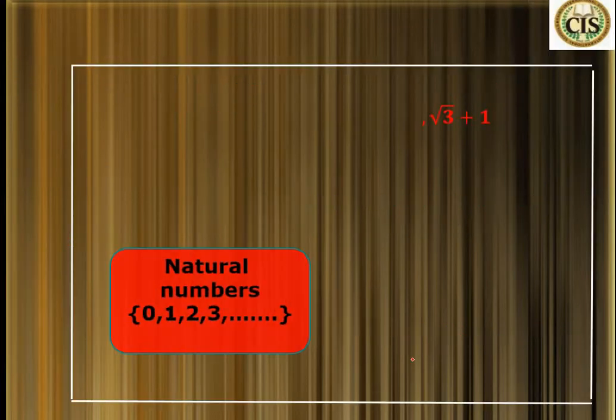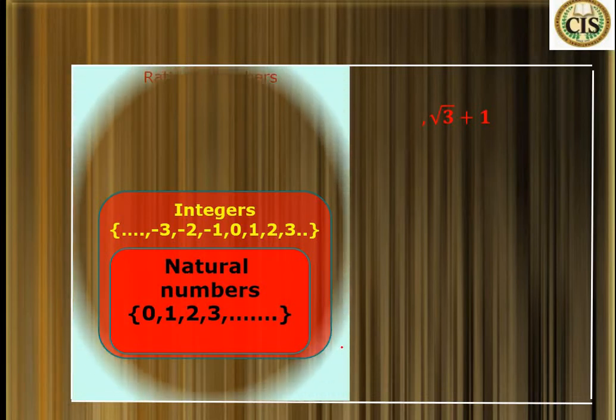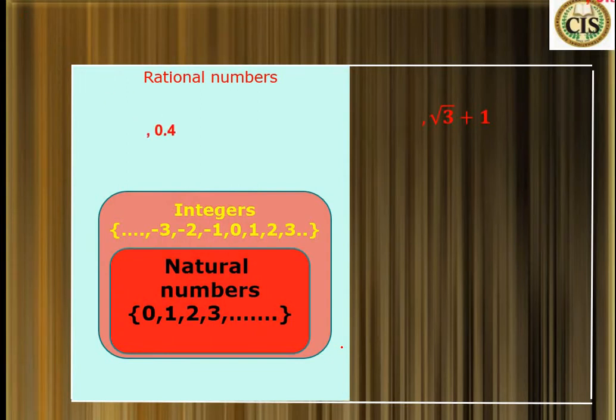We know natural numbers are 0, 1, 2, 3, and the set that contains these natural numbers is integers, and the set that contains integers and natural numbers is rational numbers. Very good. And these are our examples.